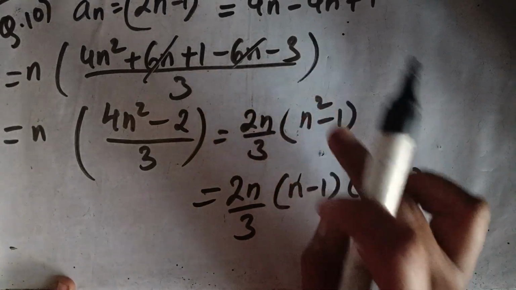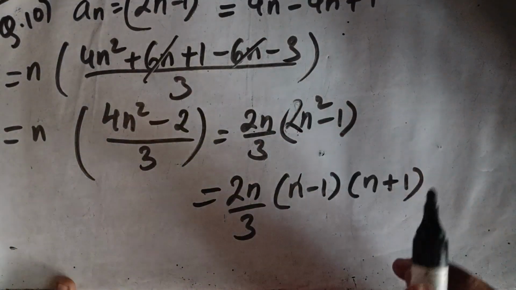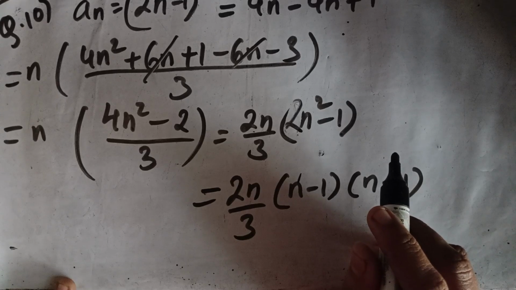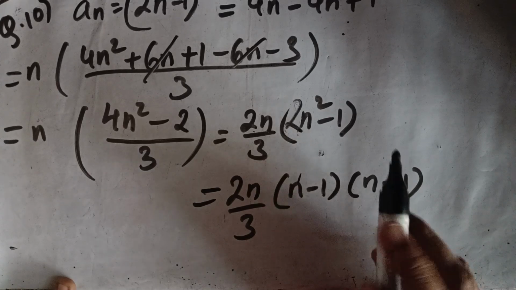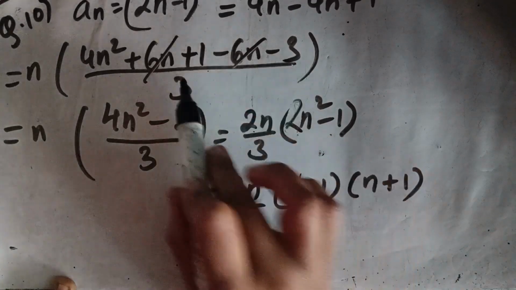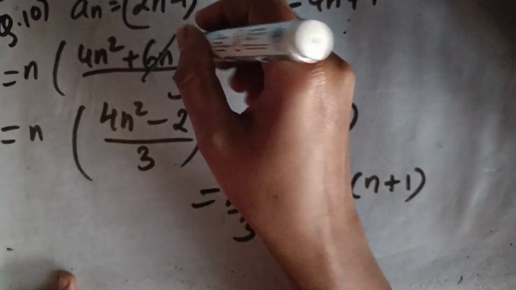Oh, I'm taking 2 outside, so it will be 2. Minus 3 plus 1. So minus 2. Oh, here it was 2.